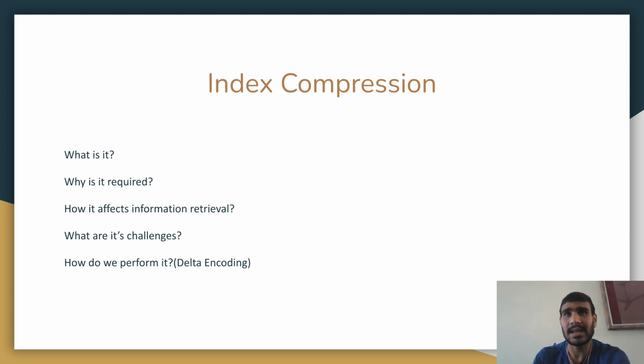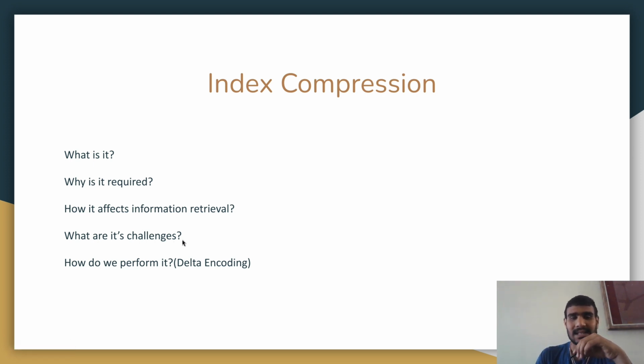It may delay information retrieval, because if we are doing compression then we apply a compression algorithm, and we also have to decompress. This compression and decompression will delay information retrieval a little bit, but it will be beneficial in storing the inverted indices.